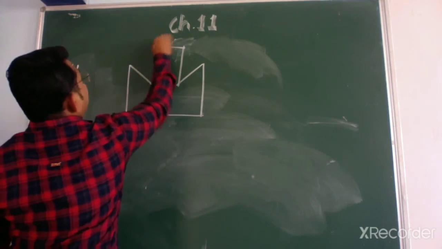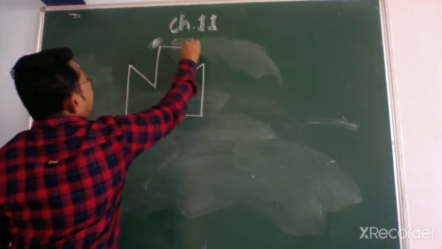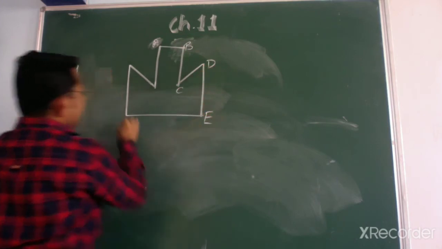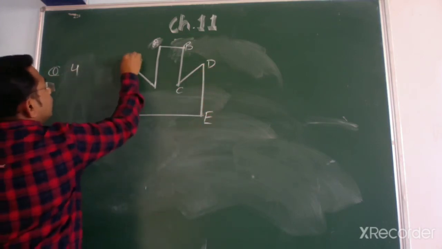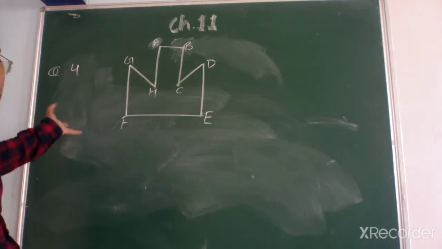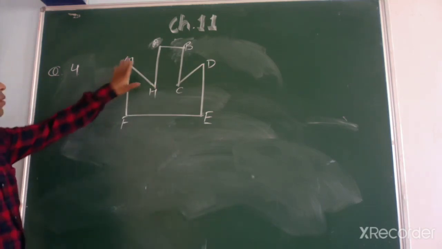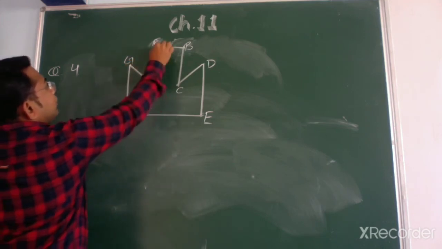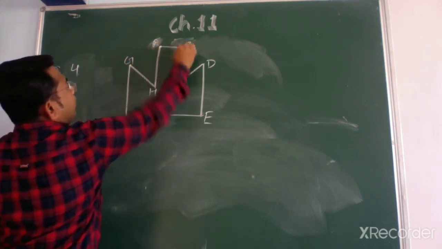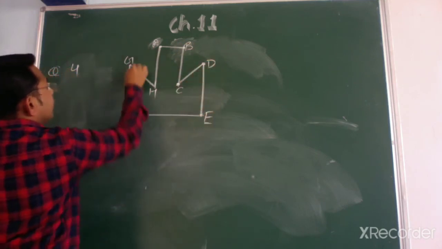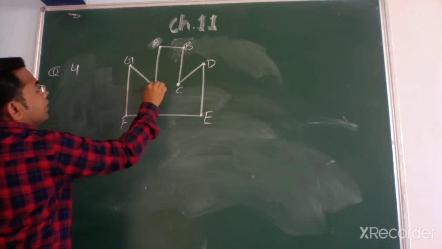From this side there are points A, B, C, D, E, F, G and H. We have to write the names of the line segments.